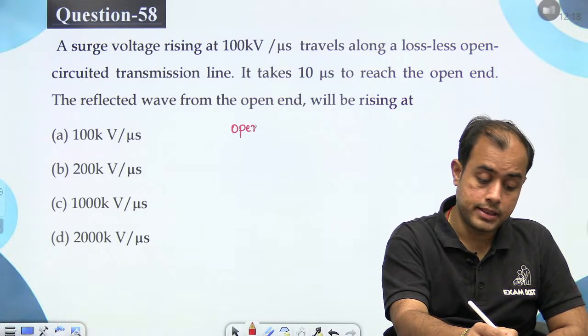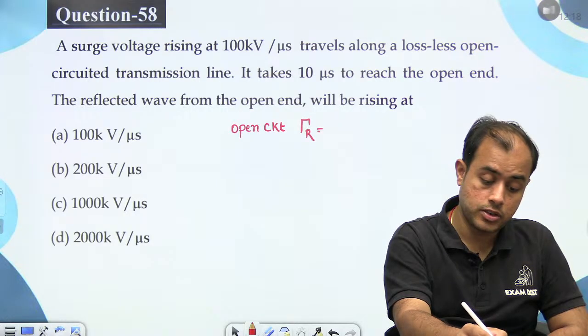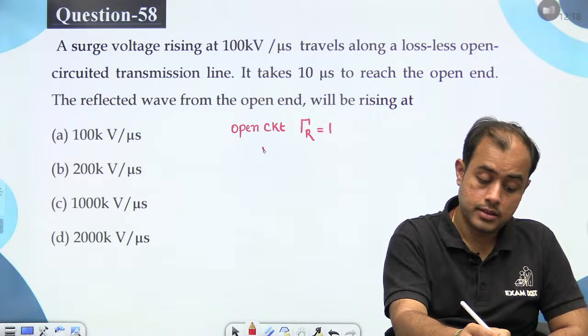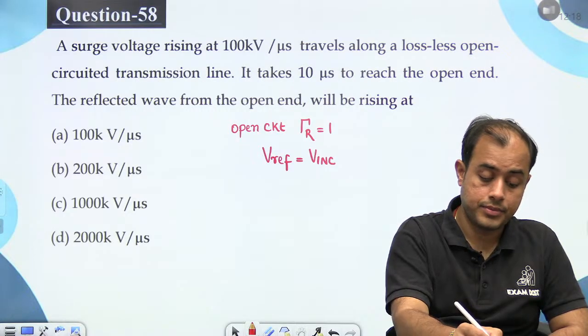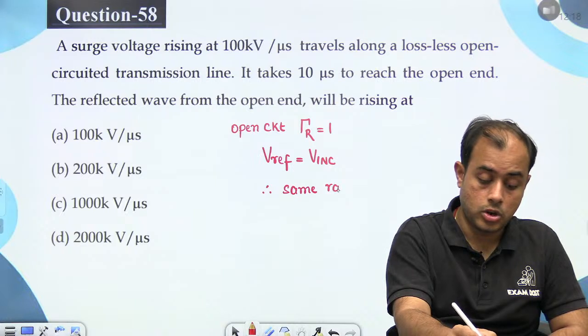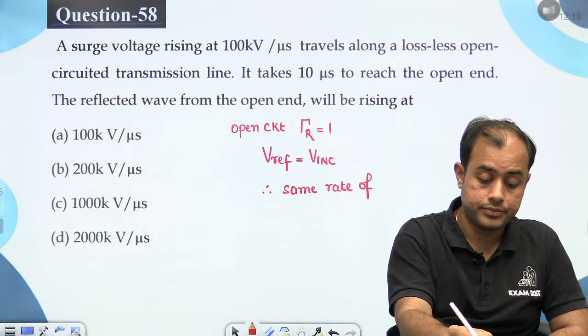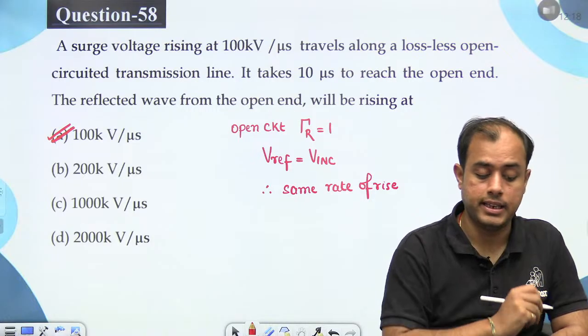In open circuit, reflection coefficient is 1. So V reflected is same as V incident. Therefore, same rate of rise. So answer should be A.